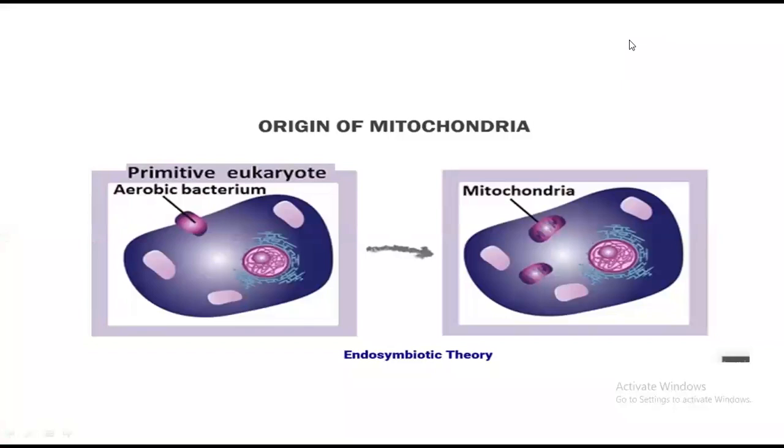First of all, there is a question in mind: how does it originate? This mitochondria contains its own DNA, so how does it enter the cell? Such questions come to mind. Long ago, millions and billions of years ago, there was no oxygen on the earth.